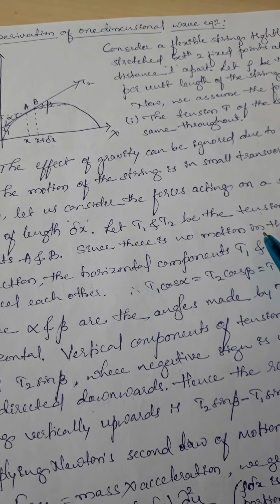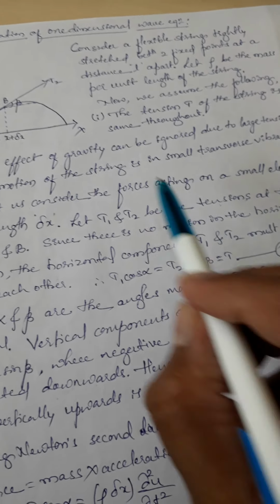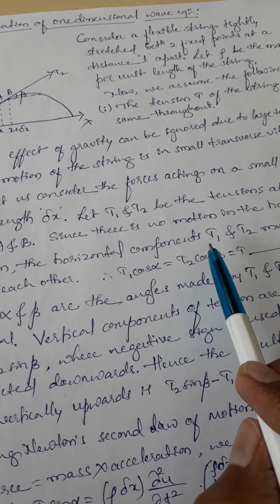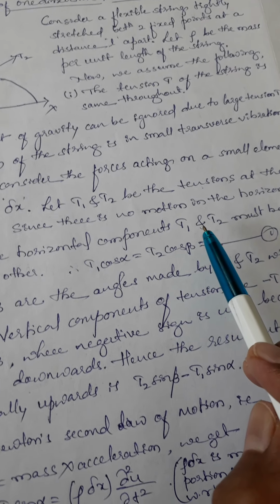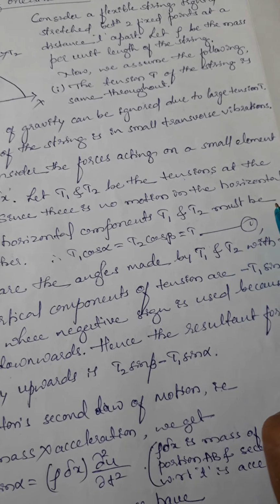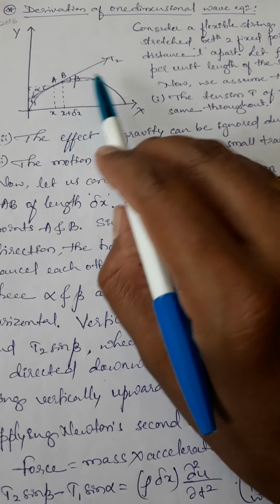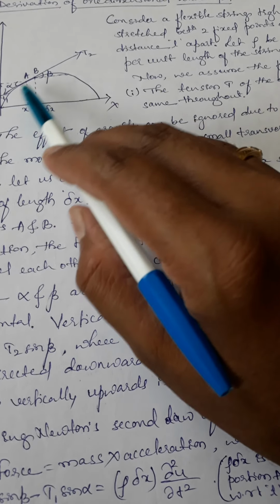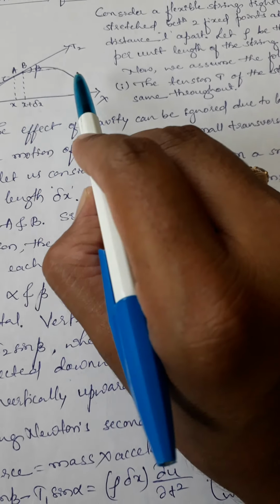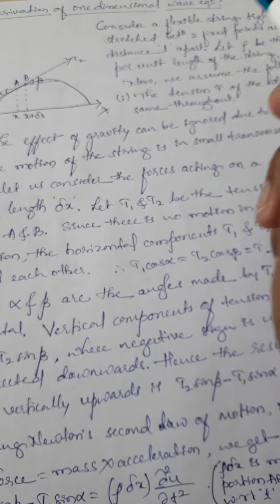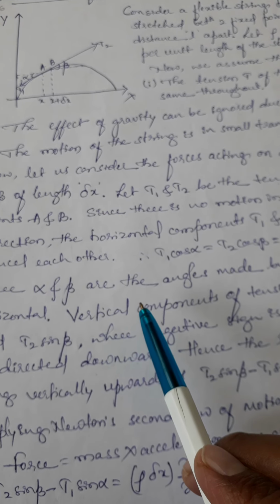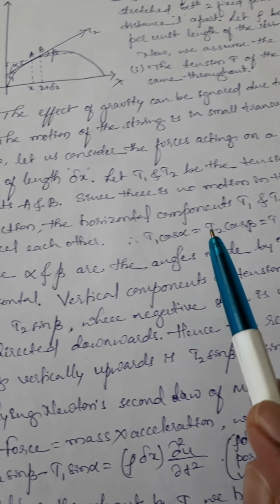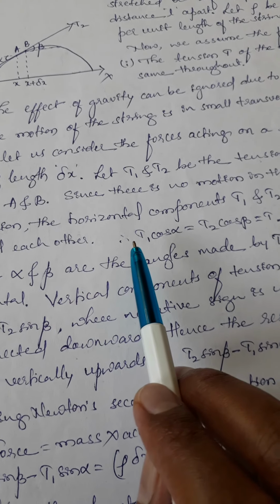Since there is no motion in the horizontal direction, the horizontal components of T1 and T2 must cancel each other.